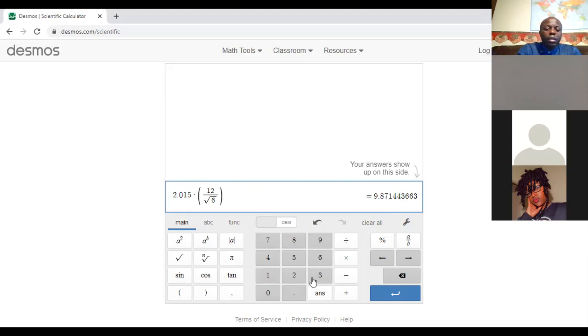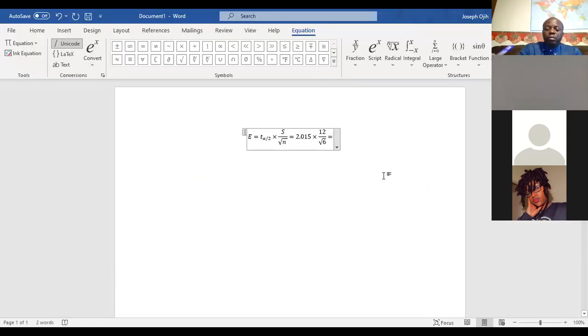So that gives us 9.87. I will put it right here: 9.87. So that becomes our error margin.